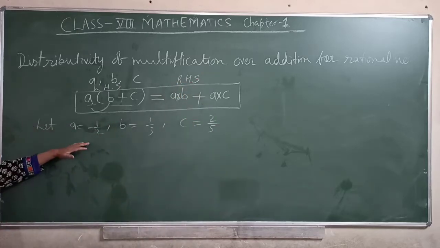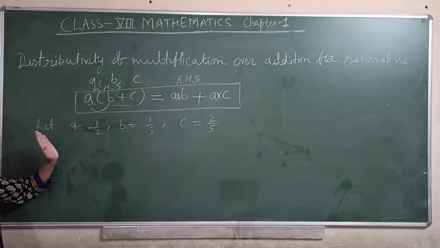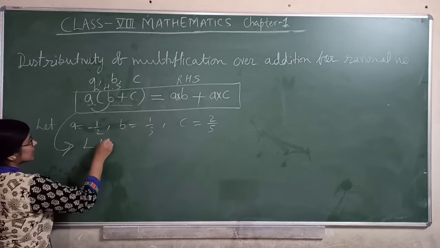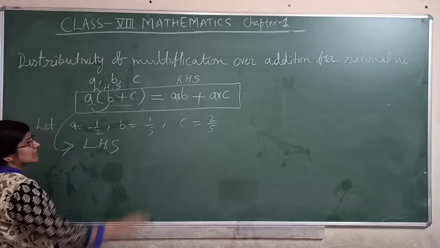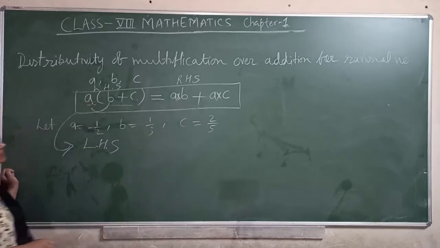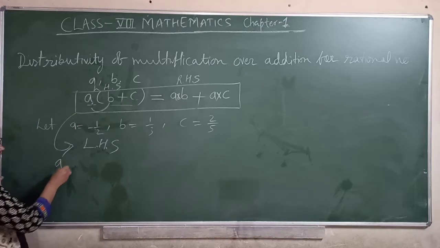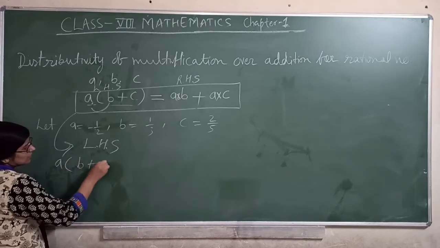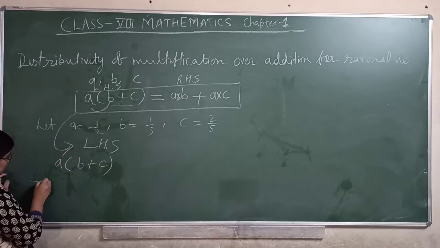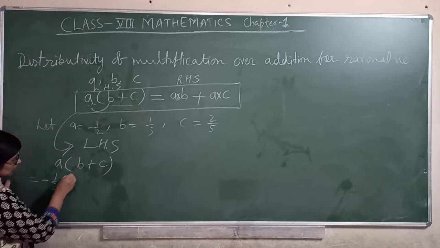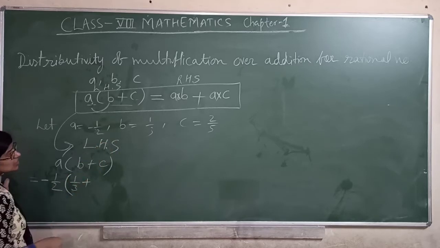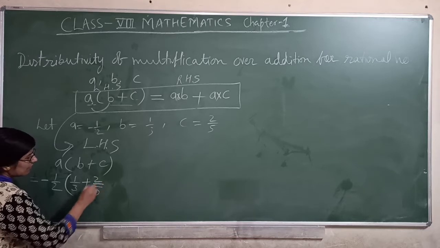We will check whether this is applicable for rational numbers or not. So first we will take the left hand side. Right hand side with right hand side, left hand side with left hand side. A within bracket B plus C. So what is the value of A? A is minus 1 by 2, bracket B 1 by 3 plus C 2 by 5.